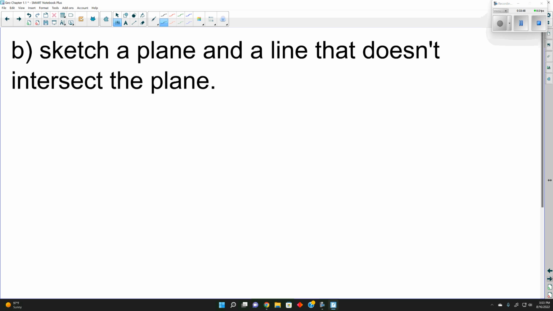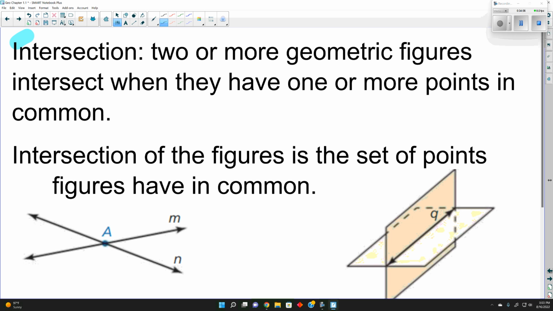Sketch a plane and a line that does not intersect the plane. Almost, but a line that does not. Right? Because let's see, what's the definition of intersect?